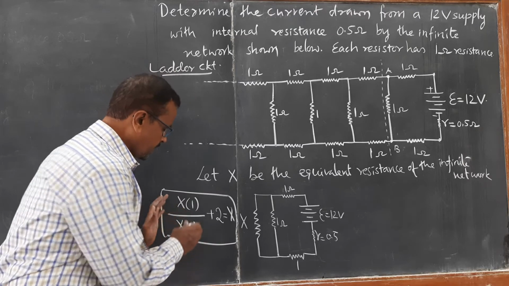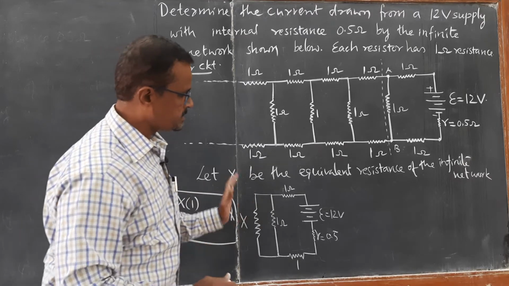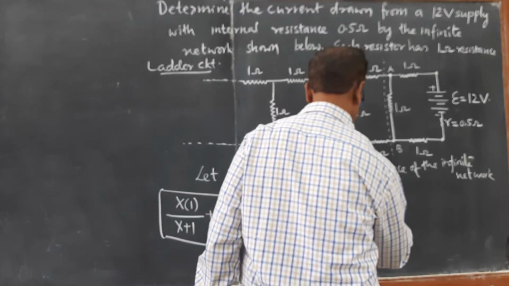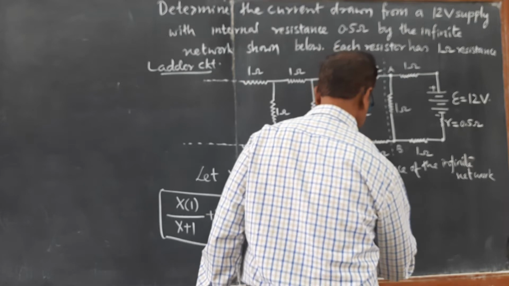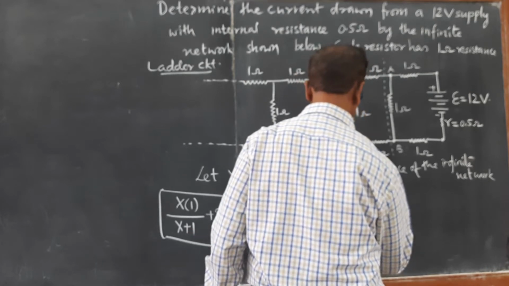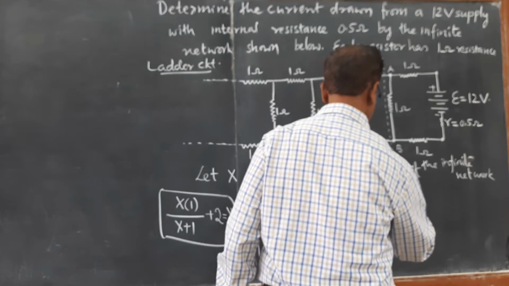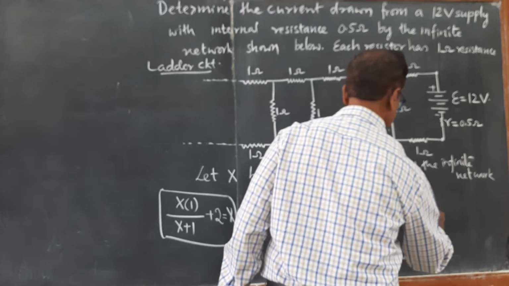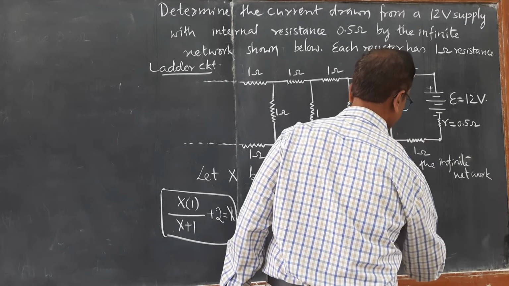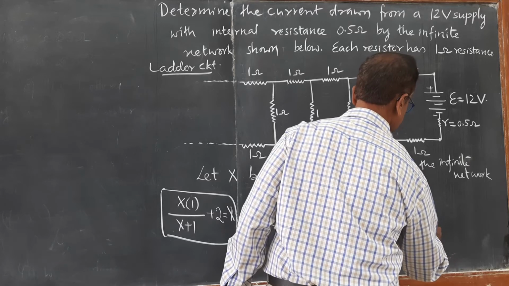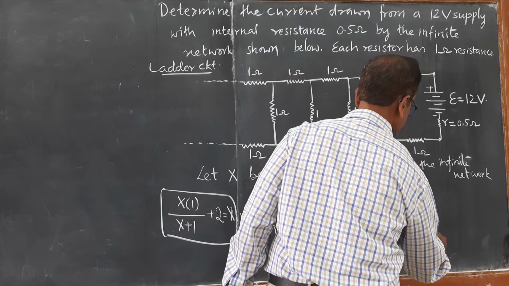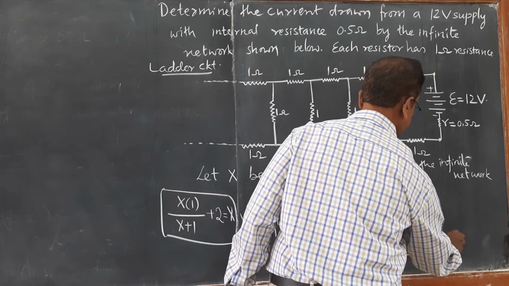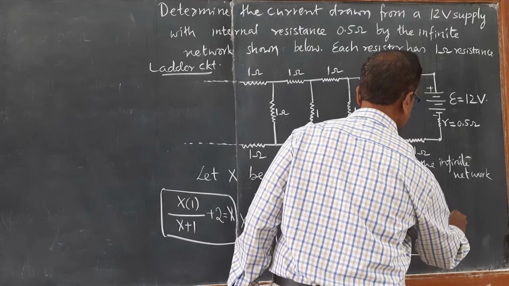Now I am going to draw the equivalent circuit diagram. This is X upon X plus 1, this is 1 and this is 1, and these are now connected to the 12 volt battery having internal resistance 0.5 ohm, E equal to 12 volts.